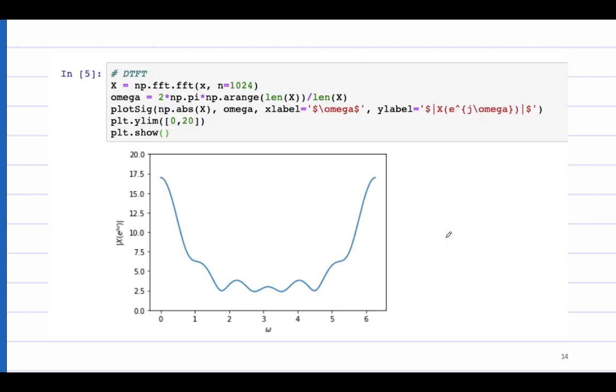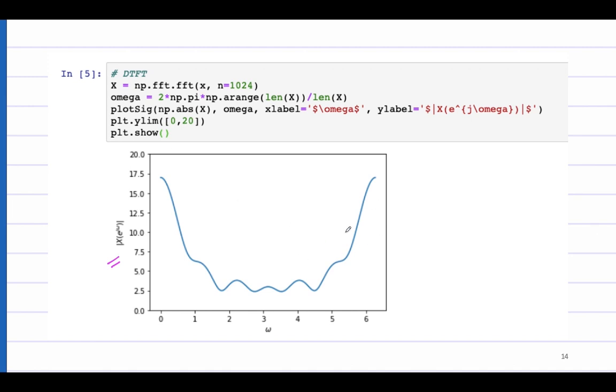Okay, now I take the DFT. How do I compute the DFT? I took an NFFT, a DFT basically at a very large capital N, and then I interpolated. This was all a trick done to compute my X(e to the power j omega) in Python, so don't worry about this part for the time being.